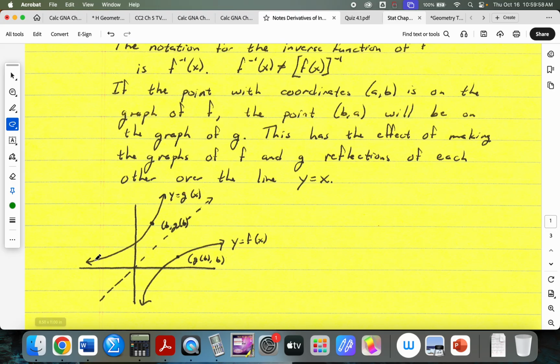If I start off with y is equal to g of x, and I go through a point that has coordinates b, g of b, then the inverse function of g, f, will be the reflection and it'll have the point g of b, b, because the x and the y coordinates just reverse each other. We're going to add to this now. Let's say I draw in a tangent line here.